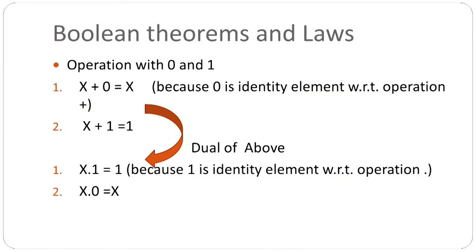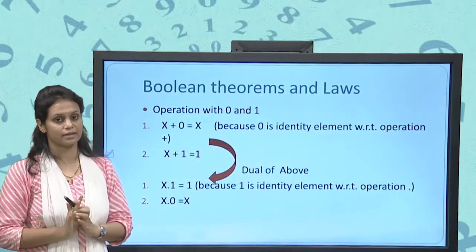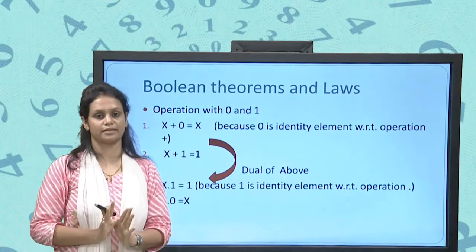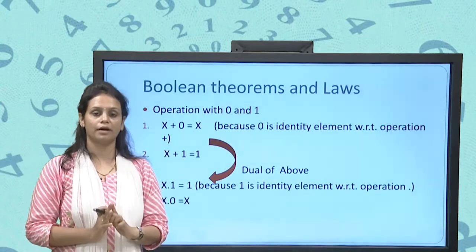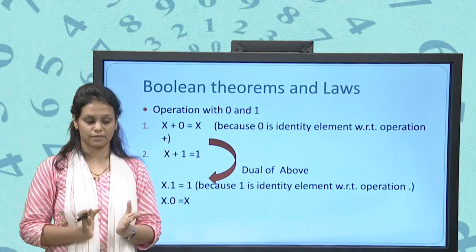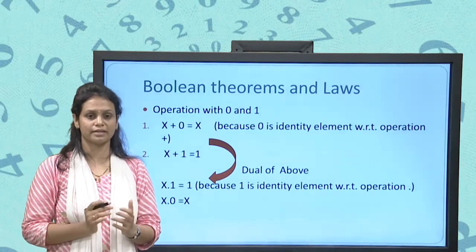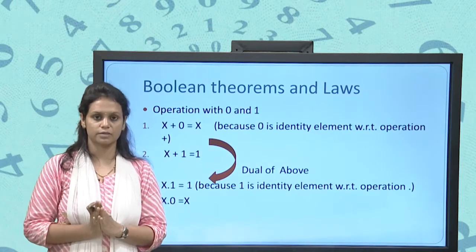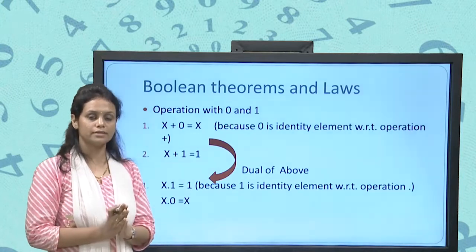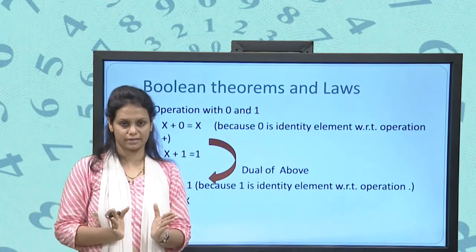Now, our first operation, suppose we are doing x plus 0. Now, we will consider 0 as the smallest element, okay, 1 as the largest element, same as we consider in the set theory, phi is the smallest set and U is the universal, that is the largest set.